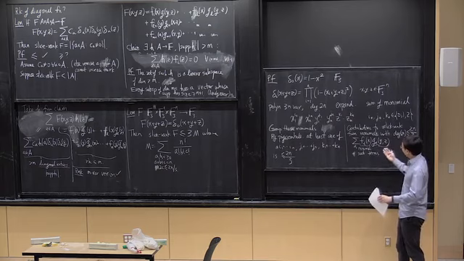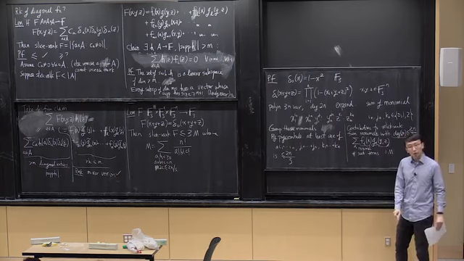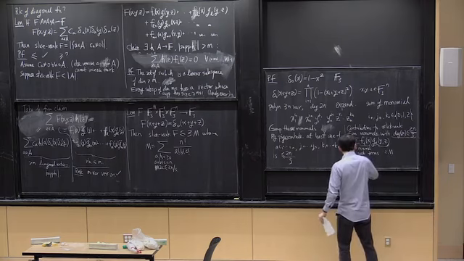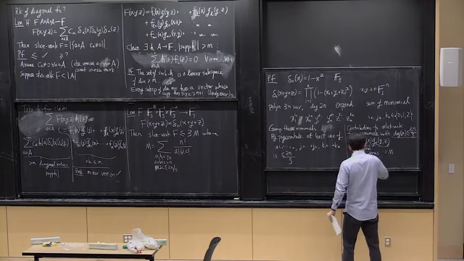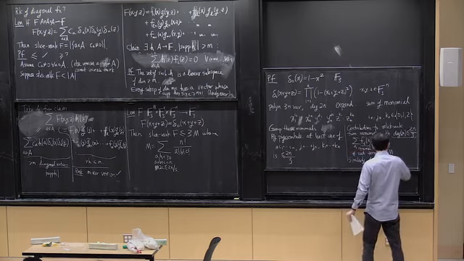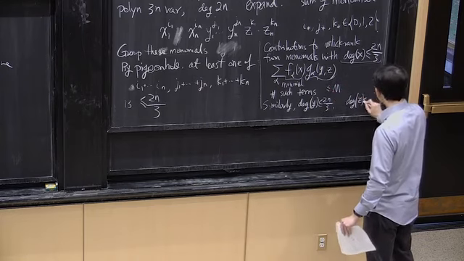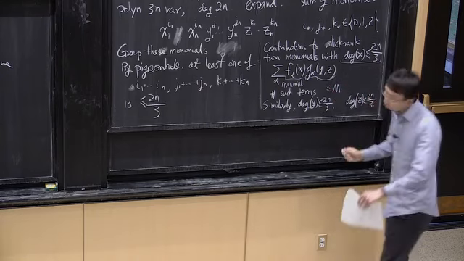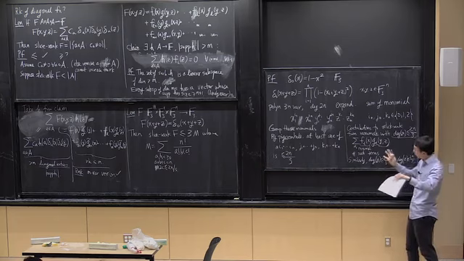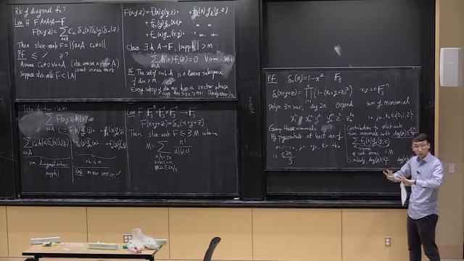These are contributions coming from monomials where the degree of x is at most 2n over 3, and similarly with the degree of y being at most 2n over 3, and also the degree of z being at most 2n over 3. So all the monomials can be grouped in one of these three groups, and I count the contribution to the slice rank.